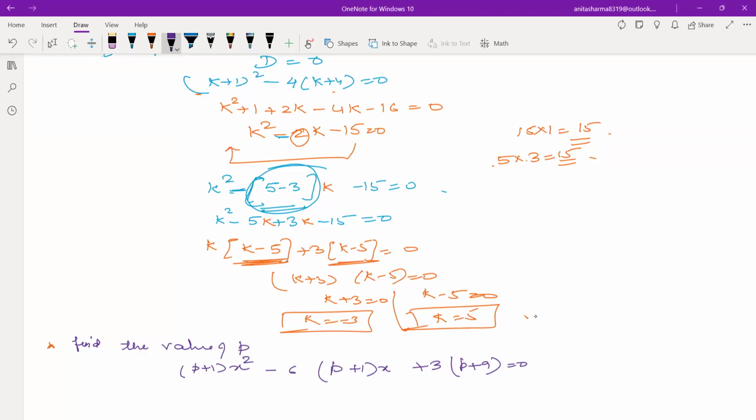They are asking to find the value of P if the equation has equal roots. So apply the condition that discriminant, B square minus 4AC, is equal to 0.